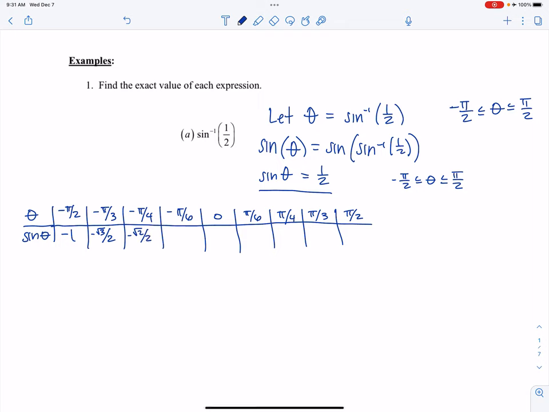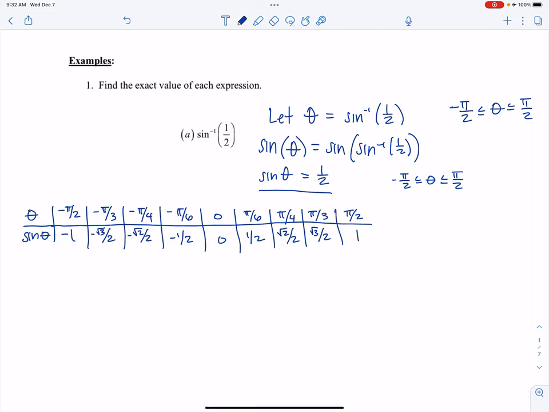At negative pi over 6, sine is negative 1/2. At 0, sine is 0. At positive pi over 6, sine is 1/2. At pi over 4, sine is root 2 over 2. At pi over 3, sine is root 3 over 2. And at pi over 2, sine is 1.